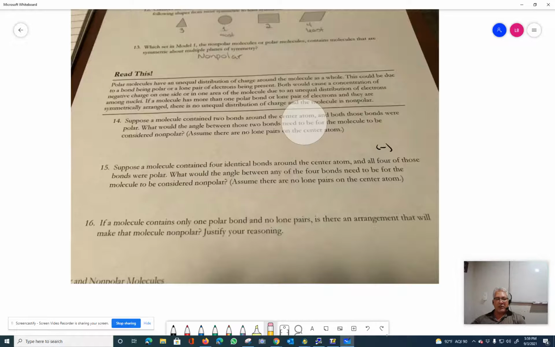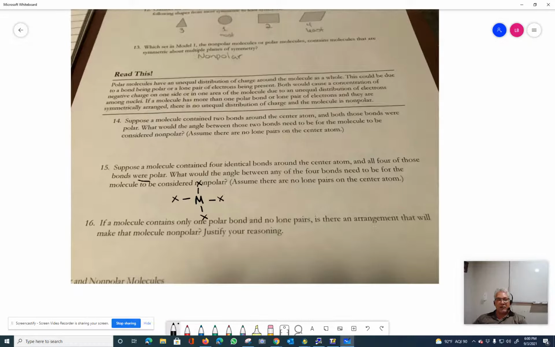Okay, the next one asks a similar question. They say, suppose a molecule contains four identical bonds. So we have a central atom. I will write N, but it can be a metal or something else, or also a non-metal. And they have four identical bonds too.